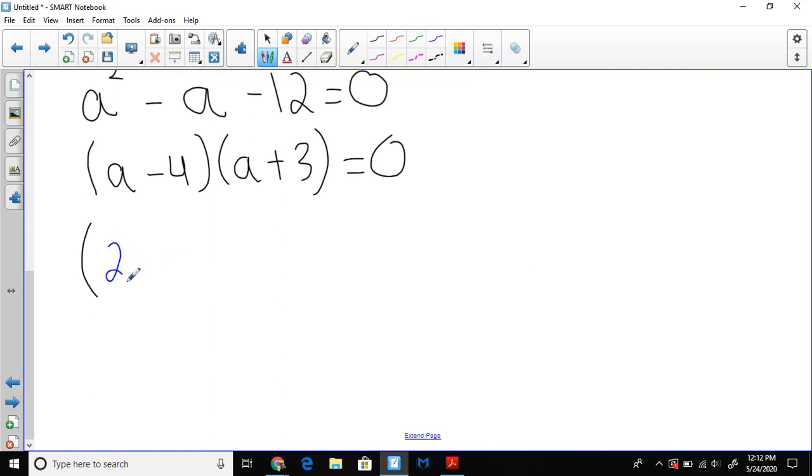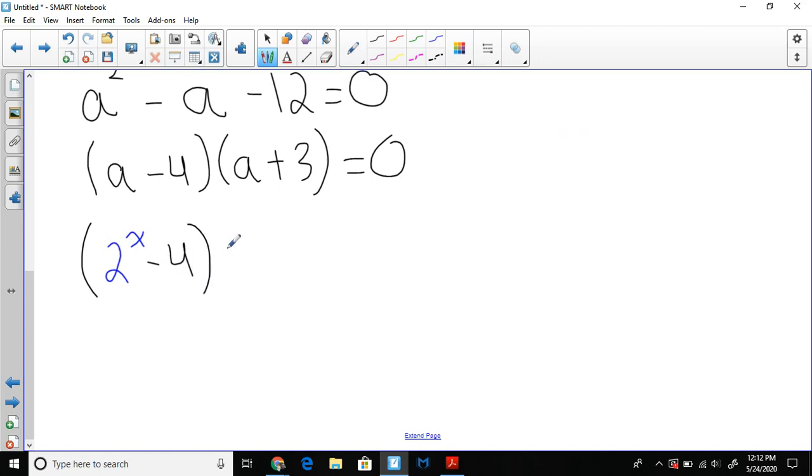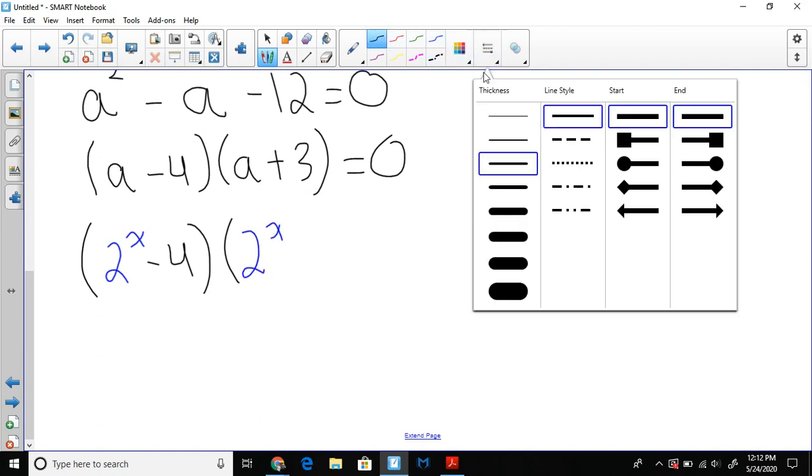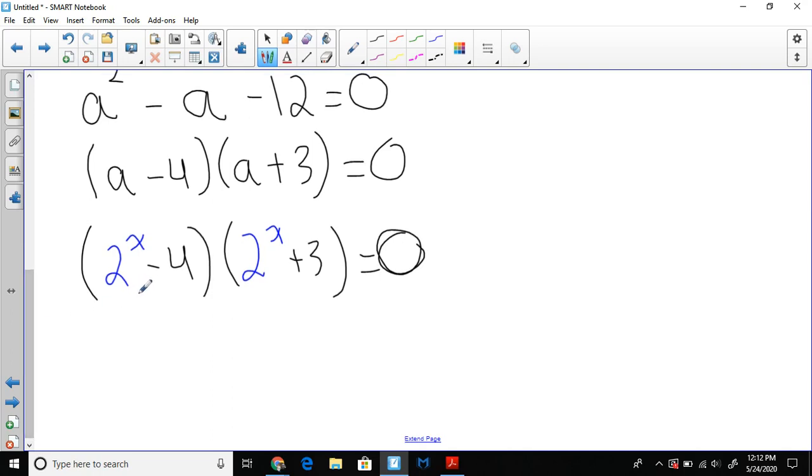So I have 2 to the x minus 4, and then I have 2 to the x plus 3. And now I have two equations, which I can solve, each binomial by itself.